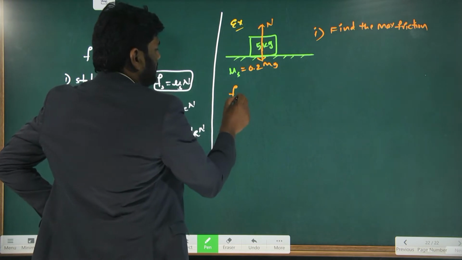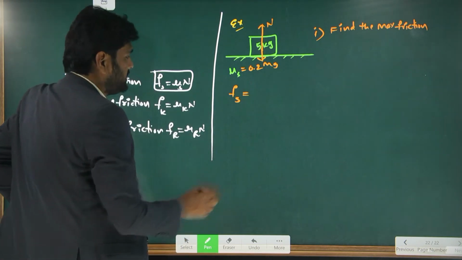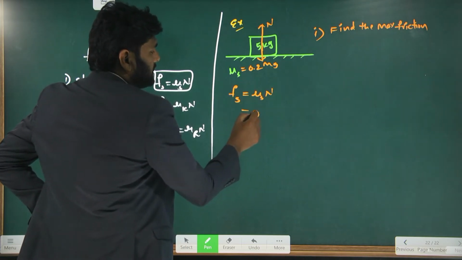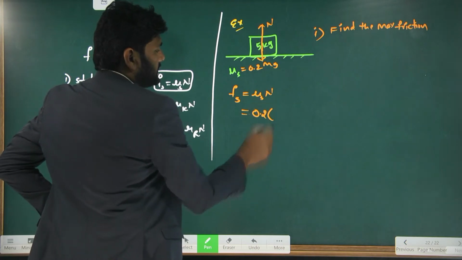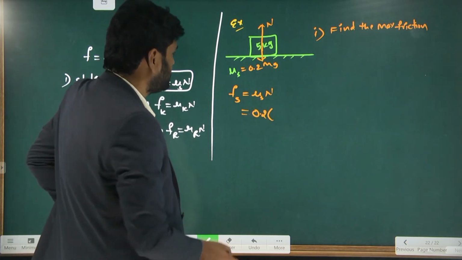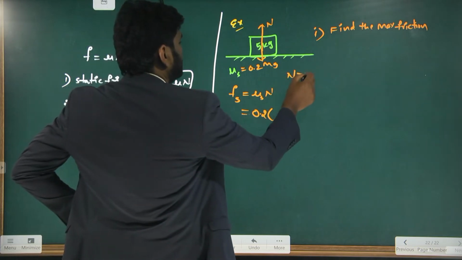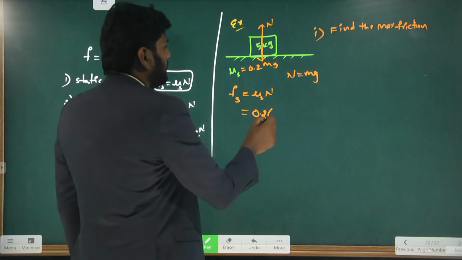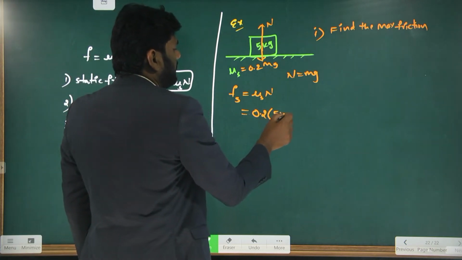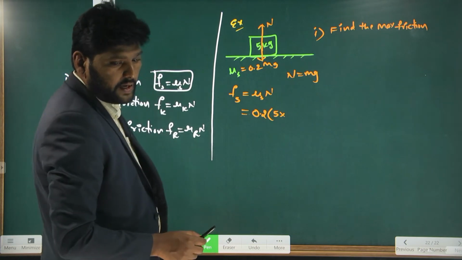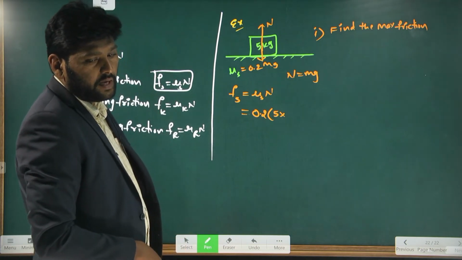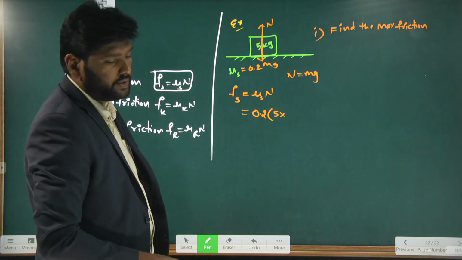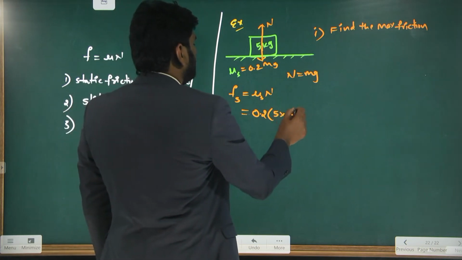Then we can find the maximum static friction, Fs = μs N. The μs value is already mentioned, 0.2, and the normal reaction is equal to mg, where m is 5. What is the value of g on the earth's surface? The value of g is 9.8, or we can take 10. Here I will take 10.